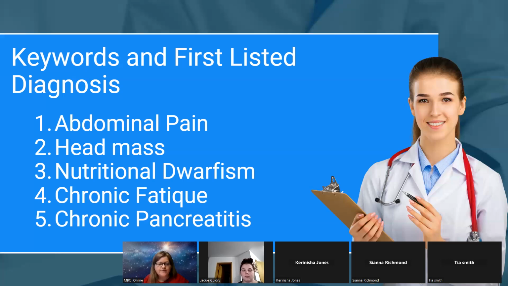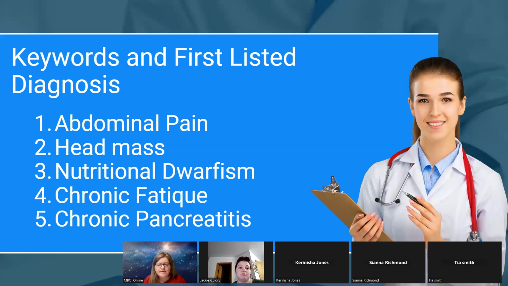But I wanted to go through a couple of examples on how to pick out those keywords. What are some common ones that you want to look for and pay attention to when you're reading your scenarios. All right, so looking for keywords. Where do you think you're going to go in the alphabetic index when you have a scenario and they mention abdominal pain? What is the first thing you're going to look for? Pain.